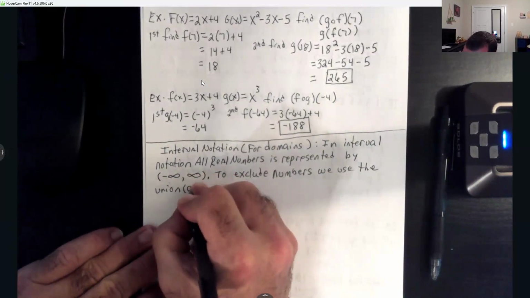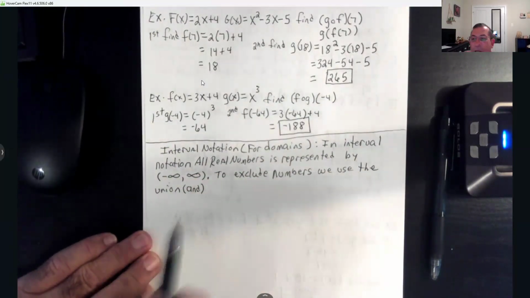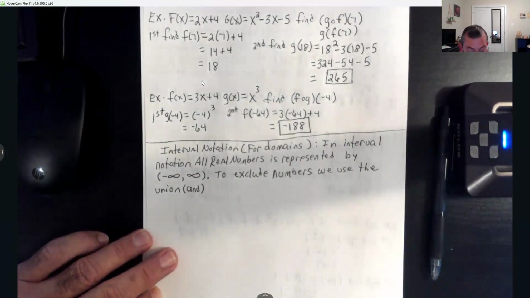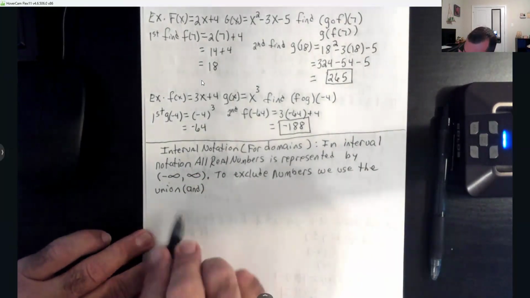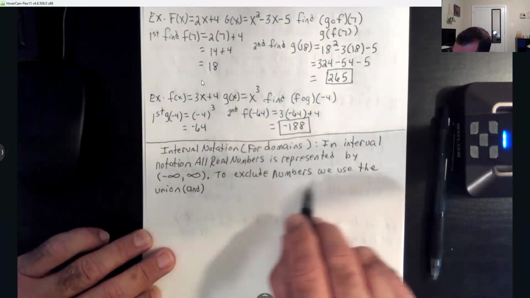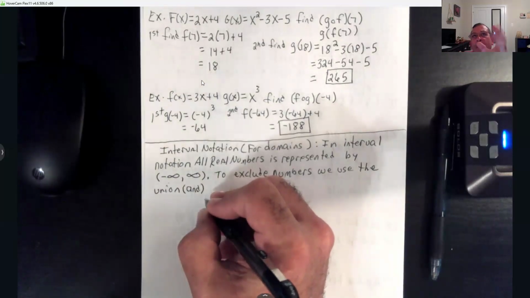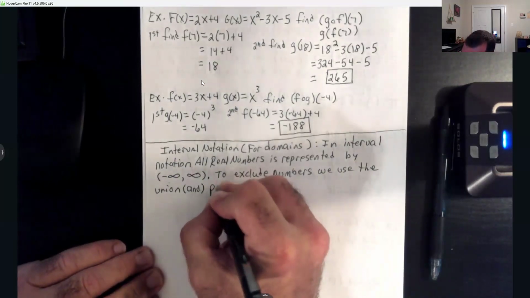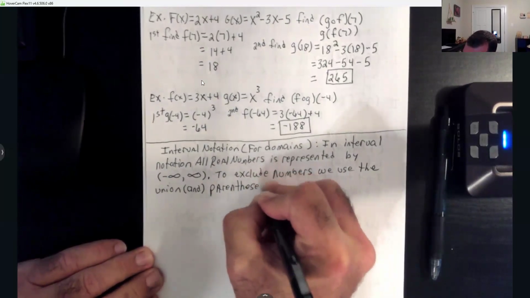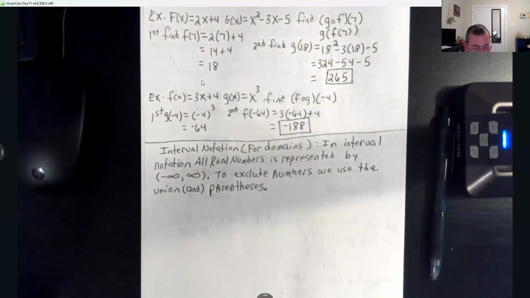And y'all, that union really means and. So the union is a U shape. It means and in math. So to exclude numbers, we use the union and parentheses. So let me show you an example.